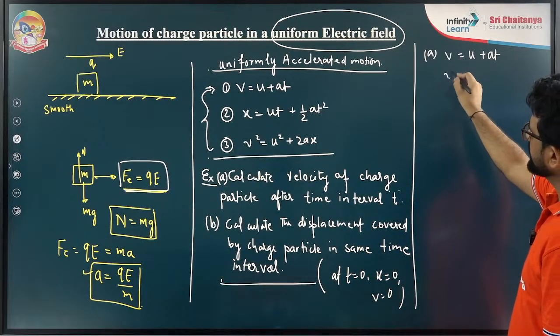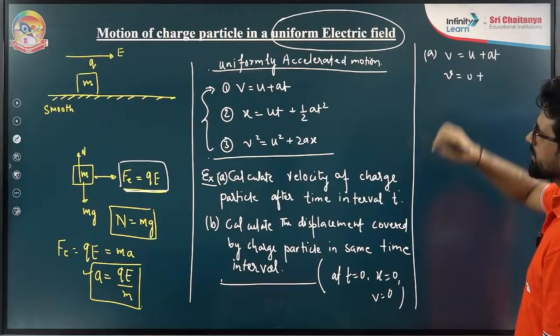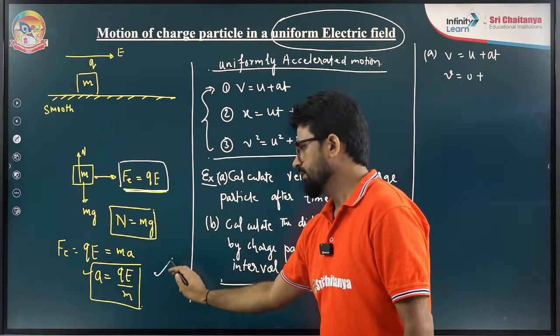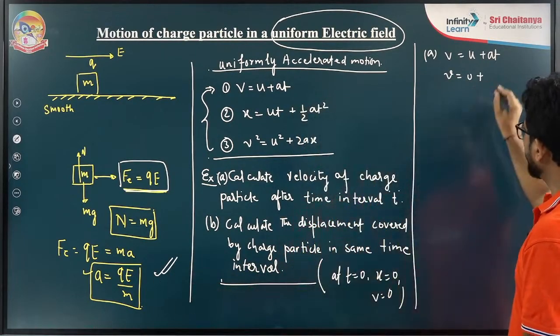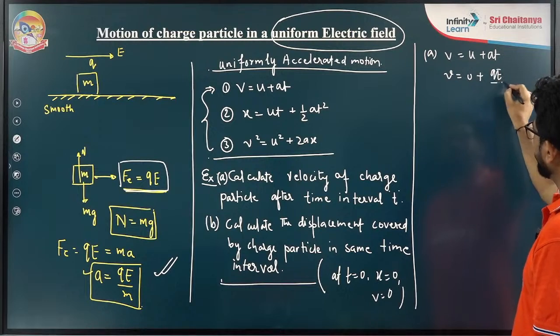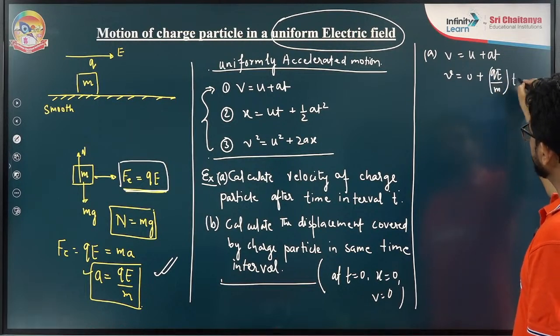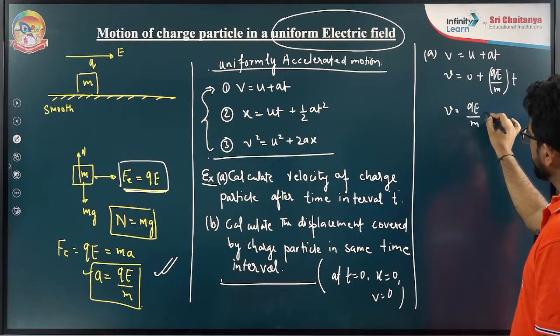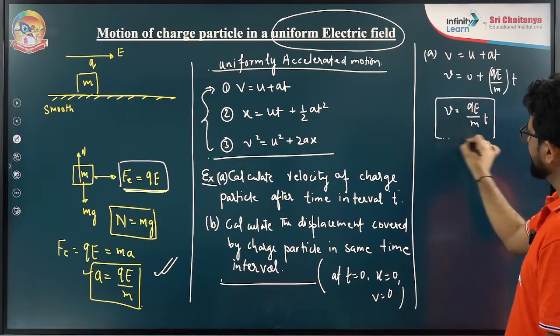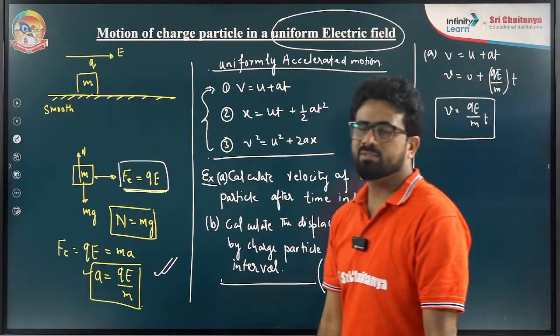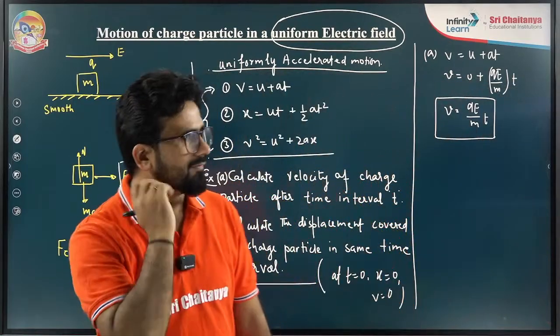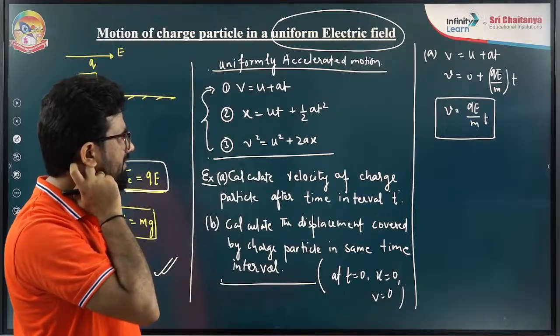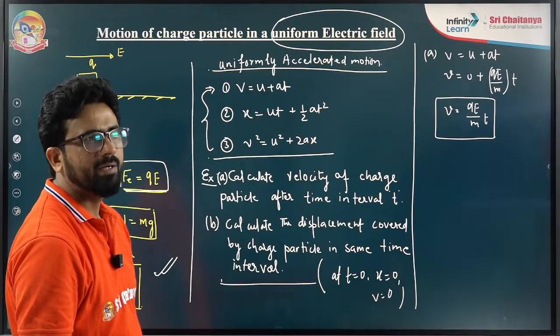So v equal to 0 plus acceleration, which we have already calculated. That value is QE by m, into time t. So directly you can say v equal to QE by m into t. Very basic question. This is the velocity of this charged particle.